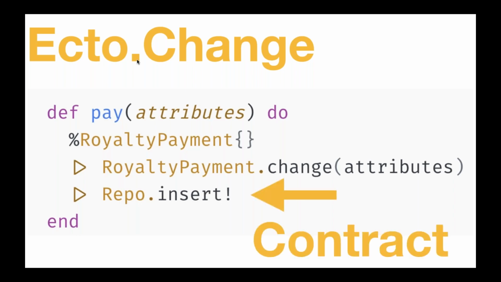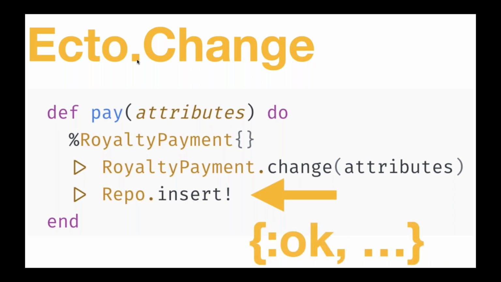That's an example from Groxio, where I have this contract that whether the change succeeds or fails, the API is going to respect it because it implements the OK tuple and the error tuple. That's a nice bit of attention to detail that allows me to stay in the pipeline a little bit longer, even though I'm on the boundary, which I love.